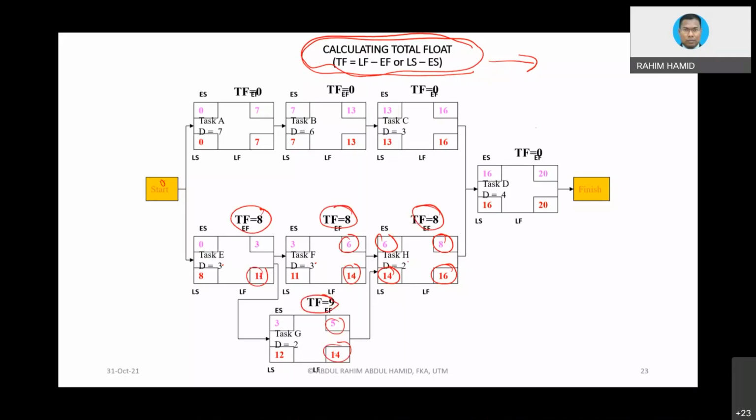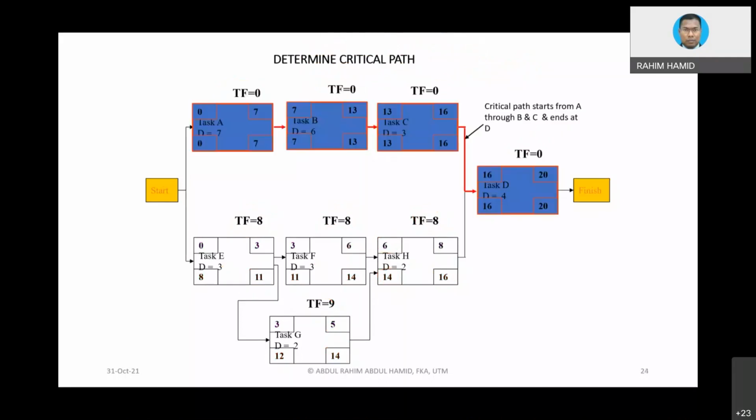And the rest, you see, if these figures are the same, this one must be 0. 0, 0, 0, 0. Total float 0. And when total float is 0, those activities A, B, C, D are being considered as critical activities. And when they are connected together, they are being called critical path.